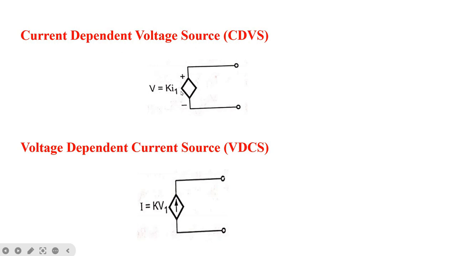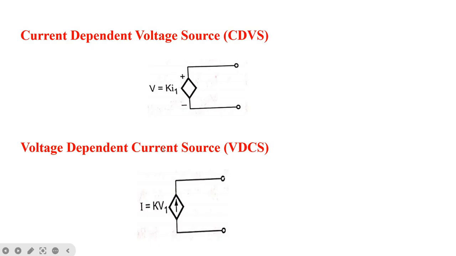The voltage depends upon the current, that is, it will produce a voltage as a function of current elsewhere in the given circuit. That is called a current dependent voltage source. The voltage source is depending on the current.